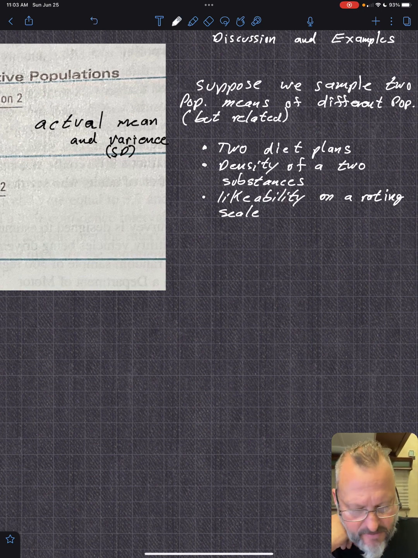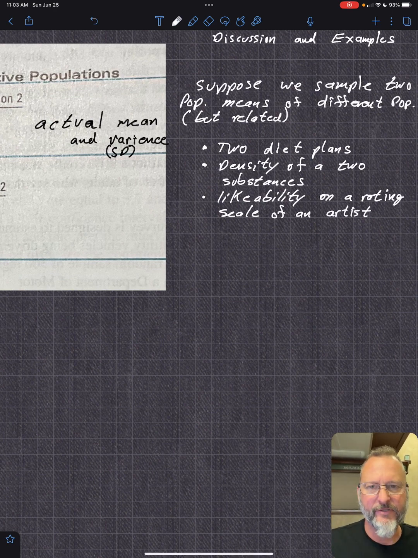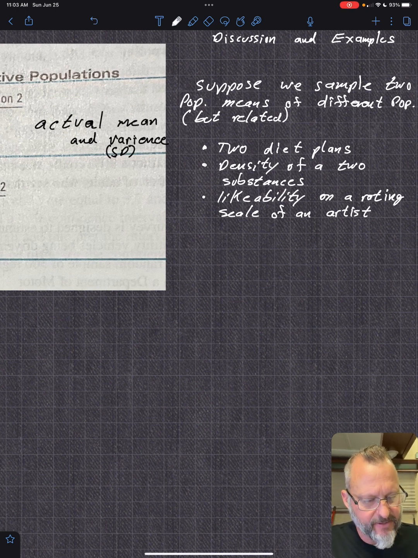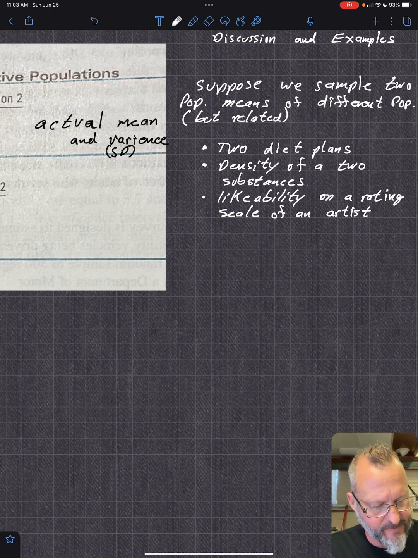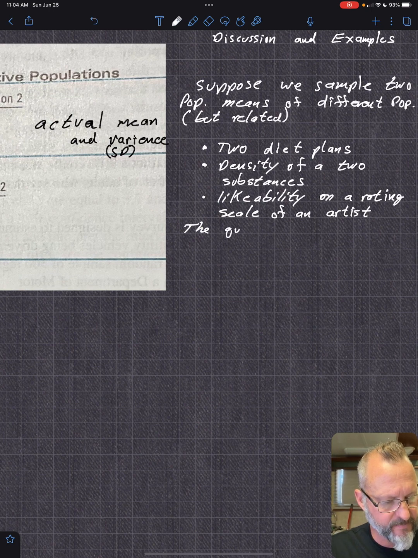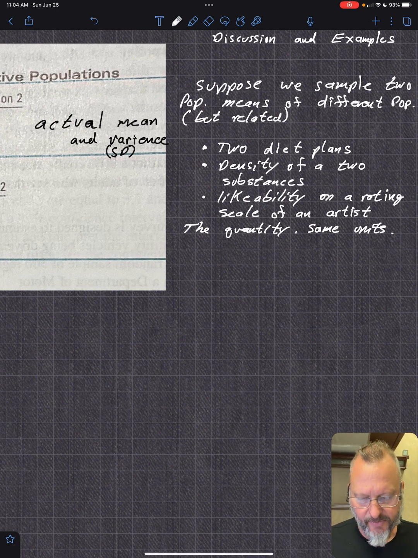Of something, like of an artist, musician, painter, whatever, actor, artist of some sort. Likability, so that you can see that the numerical value is the same quantity, same units. So it has to be like that, or it could be unitless, but that's what we're looking at.